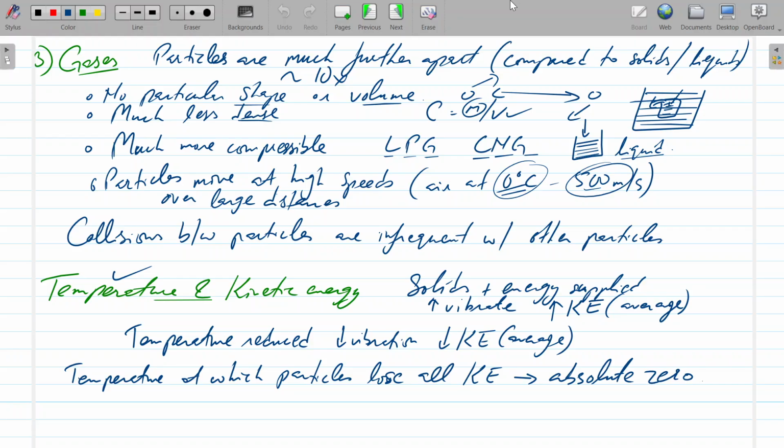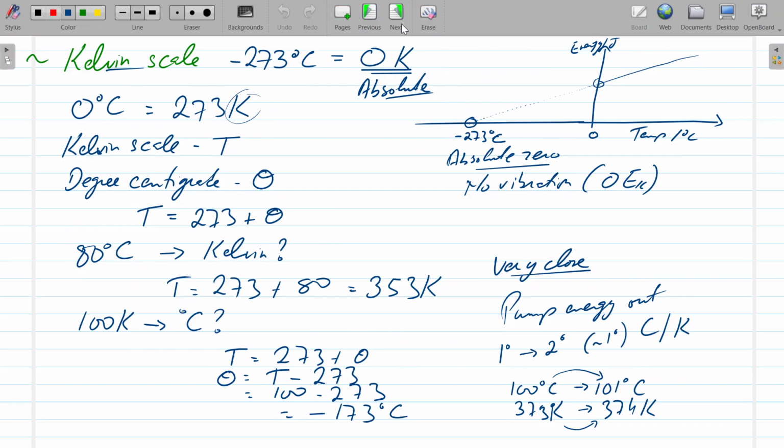Yeah. Okay. So the temperature at which particles lose all of their kinetic energy is called absolute zero, and that is minus 273 degrees centigrade or 0 degrees Kelvin.